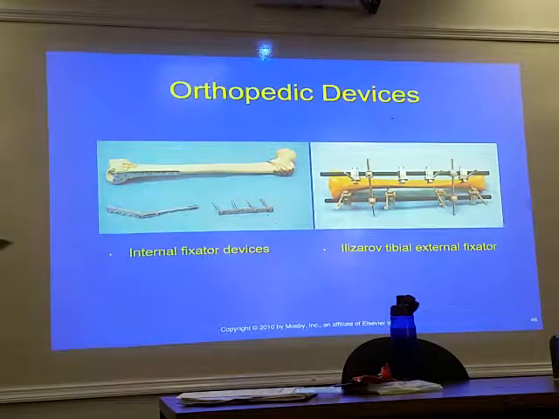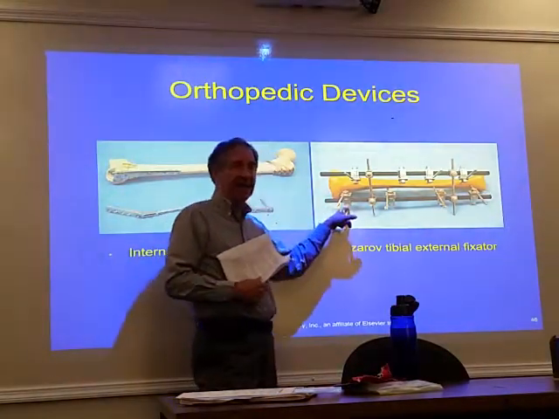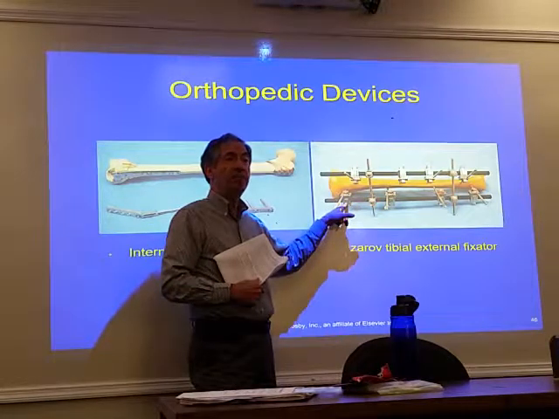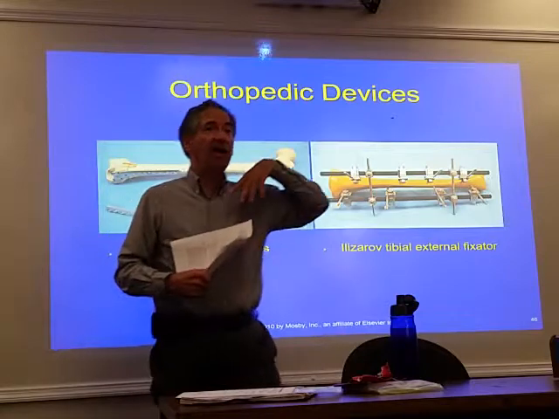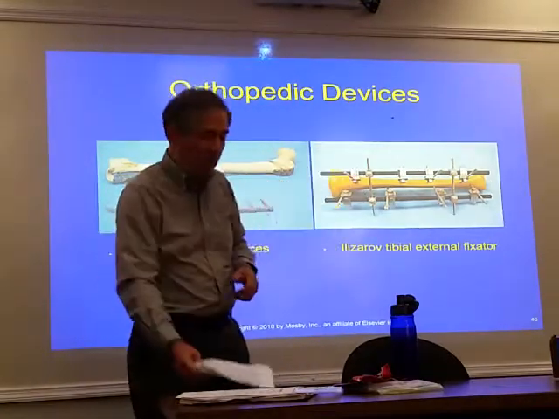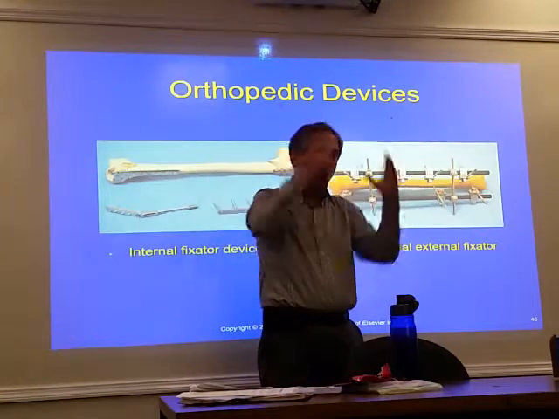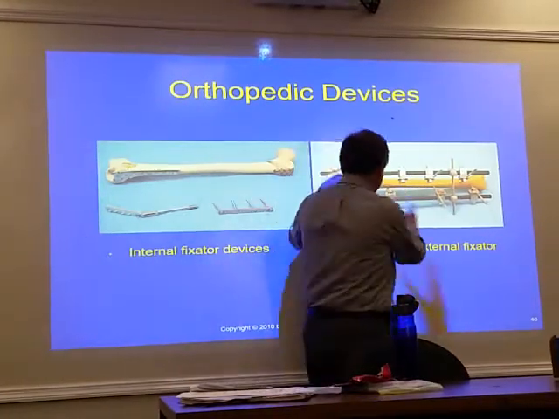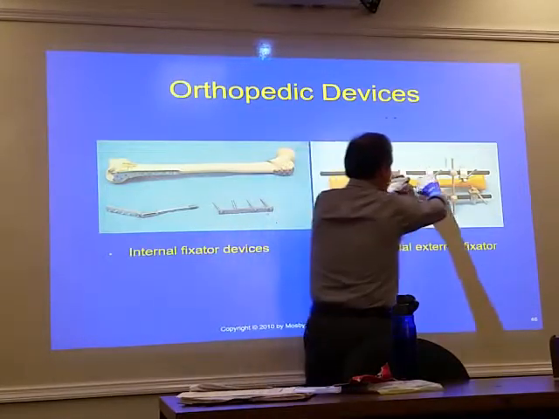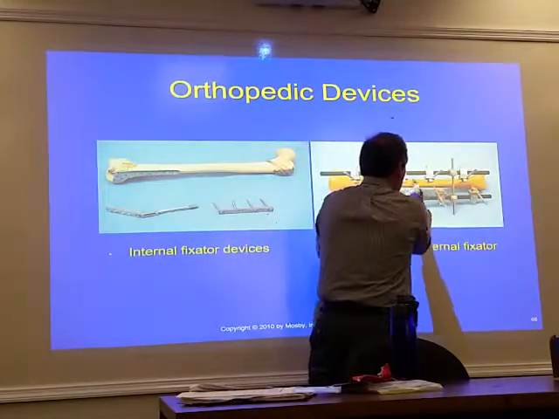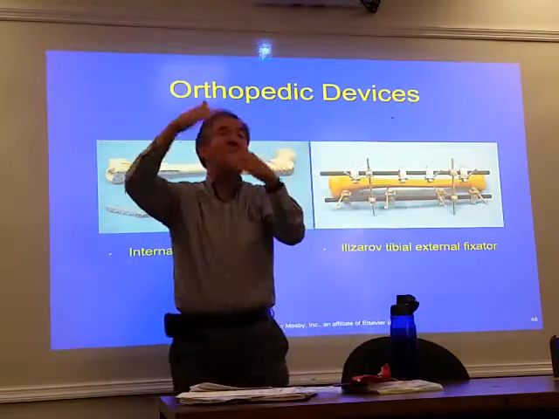In terms of different fixator devices, has anyone ever seen what they call, bless you, a Lizarov? Do you know what that's for? You ever seen it on a tibia? What they're doing is extending the bone. The bone is shortened, and this is outside of the body, okay? They'll loosen the screws and try to elongate the bone, creating a gap, then tighten it back up, and the bone will fill in.